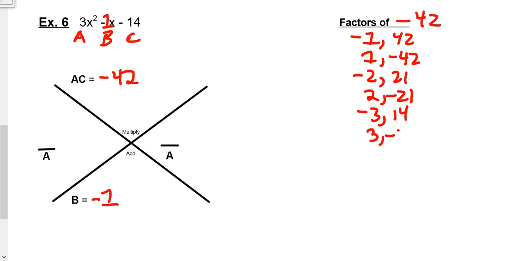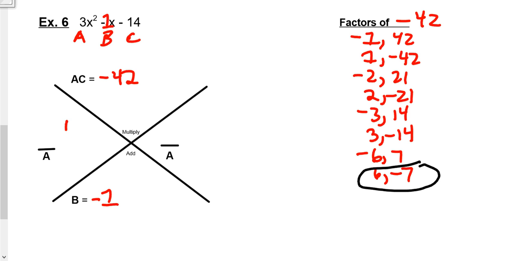And then 3 and negative 14. We got negative 6 and positive 7, and then 6 and negative 7. When you add up all these factors, the only two factors that will give you a negative 1 here is this 6 and negative 7.